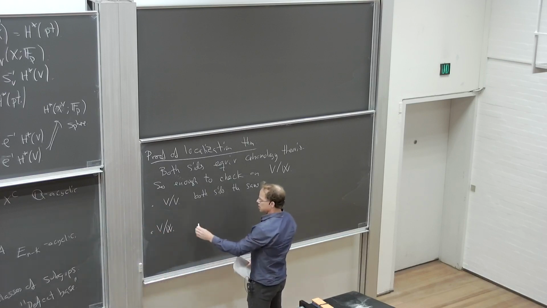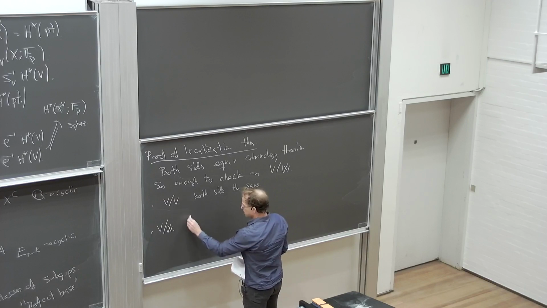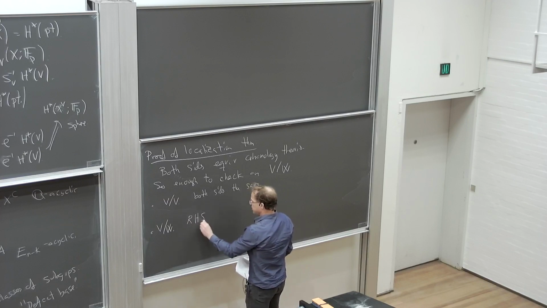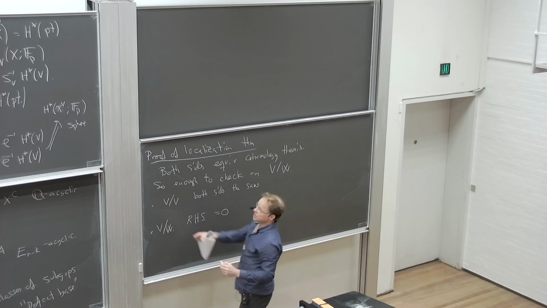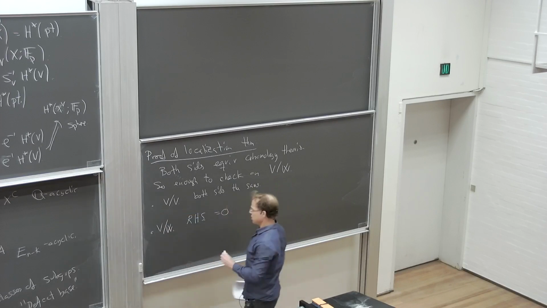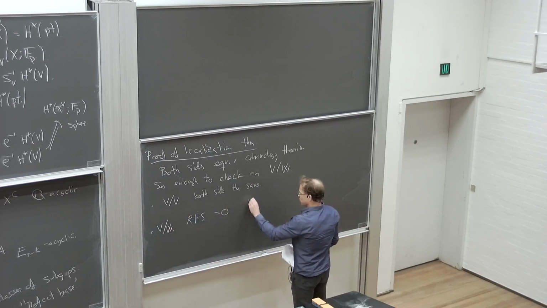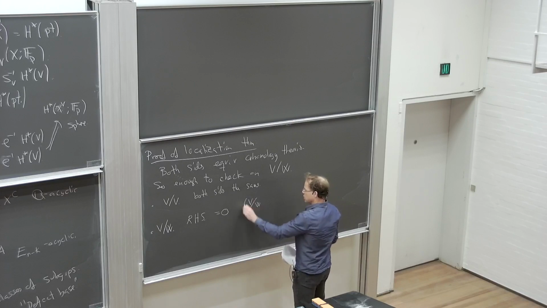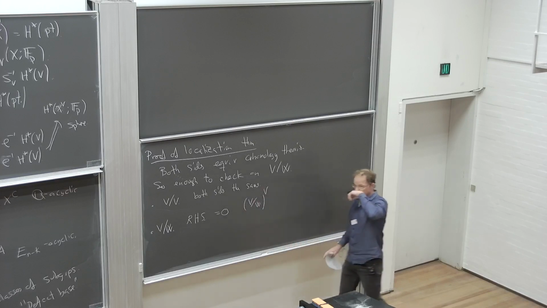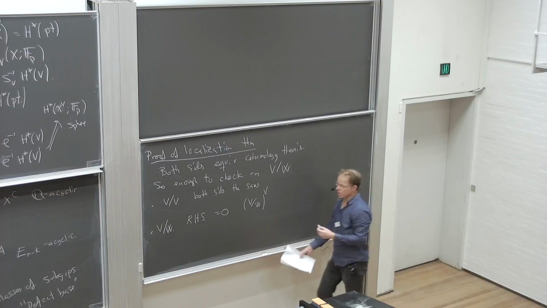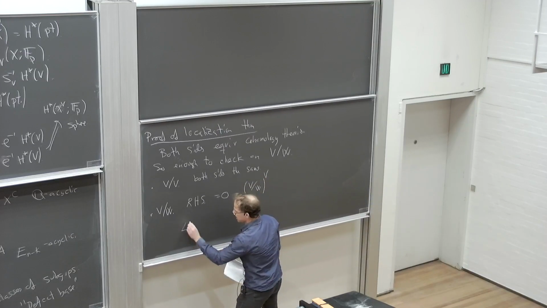Well, then the right-hand side is 0 because we're taking the fixed points. But what about the left-hand side?